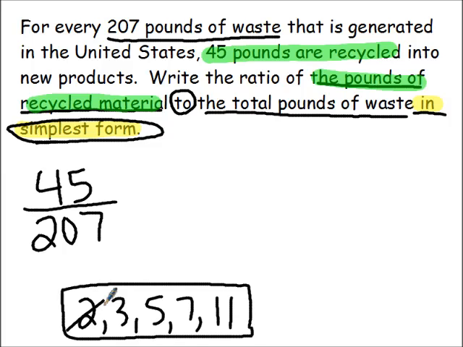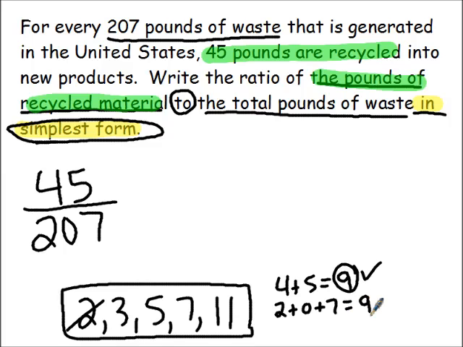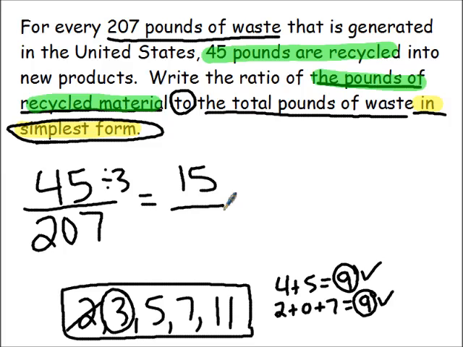If the sum of a number's digits are divisible by 3, so is the number. 4 plus 5 is equal to 9, and 9 is divisible by 3. 2 plus 0 plus 7, which make up 207. 2 plus 0 is 2, and 2 plus 7 is 9. And 9 is divisible by 3. So we can simplify here by 3. 45 divided by 3 is equal to 15. And I don't know what 207 divided by 3 is, but I can find out.